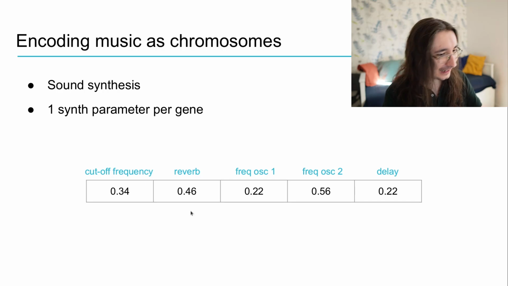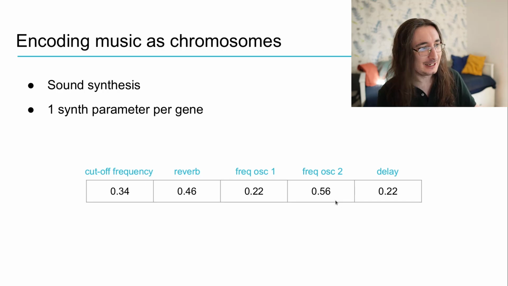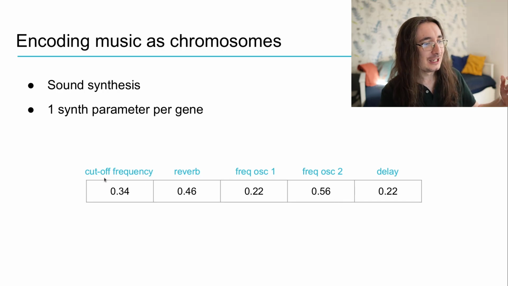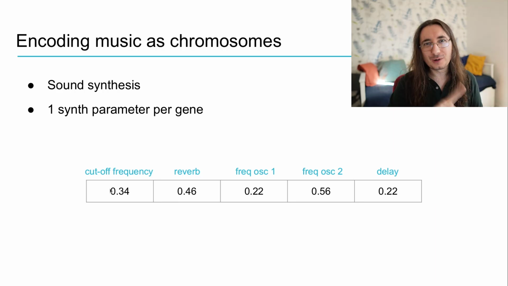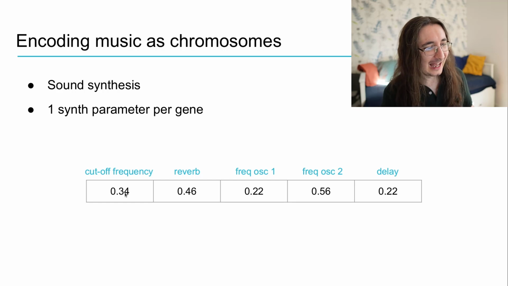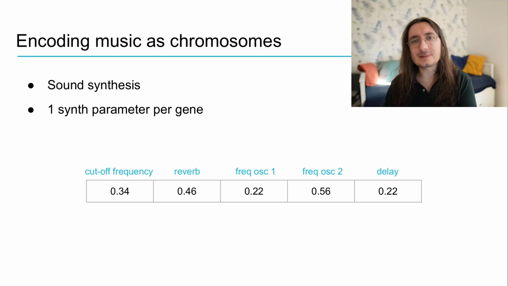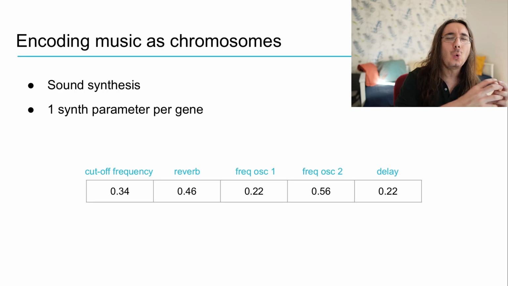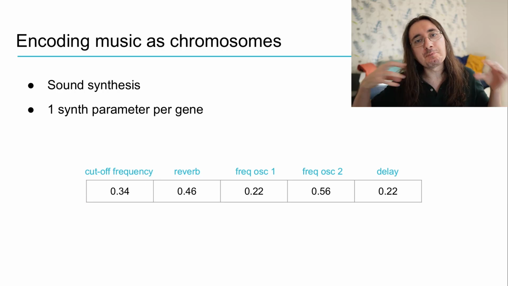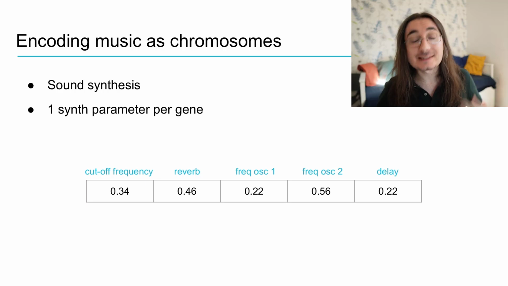For example, let's take this simplified version of a sound. So the first gene is the cutoff frequency, and of course these are all normalized between 0 and 1, okay? All of these values in the genes. Reverb, so the amount of reverb, and 0.46, you can have information about the frequency of the first oscillator, the second oscillator, delay, and all the different parameters that make up your sound.